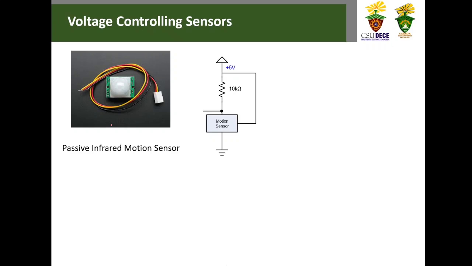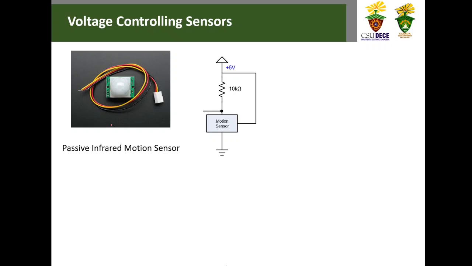For example, as brightness increases or dims, its resistance changes. Or with a thermistor, the resistance changes as the temperature changes.